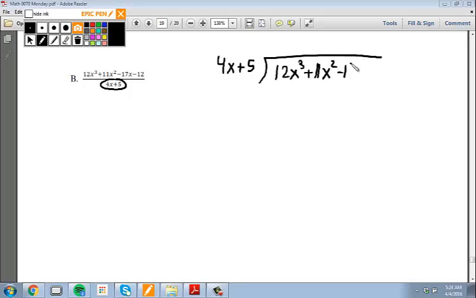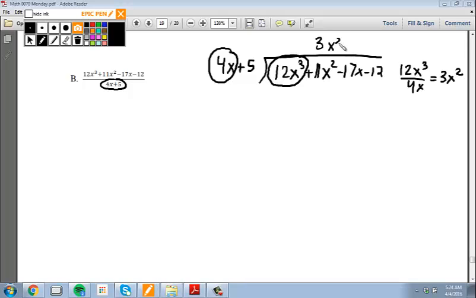And hopefully you don't think long division problems are as long as they were when you first started them. So I always have to again start at the beginning. 12x to the third over 4x gives me 3x squared, and I'm going to align that right above the x squared term before I distribute. So 3x squared times 4x plus 5 is 12x to the third plus 15x squared.